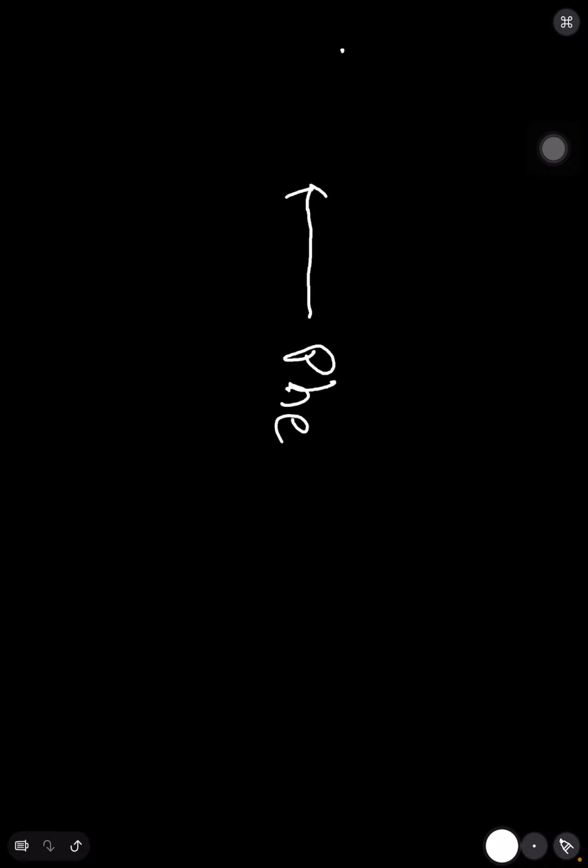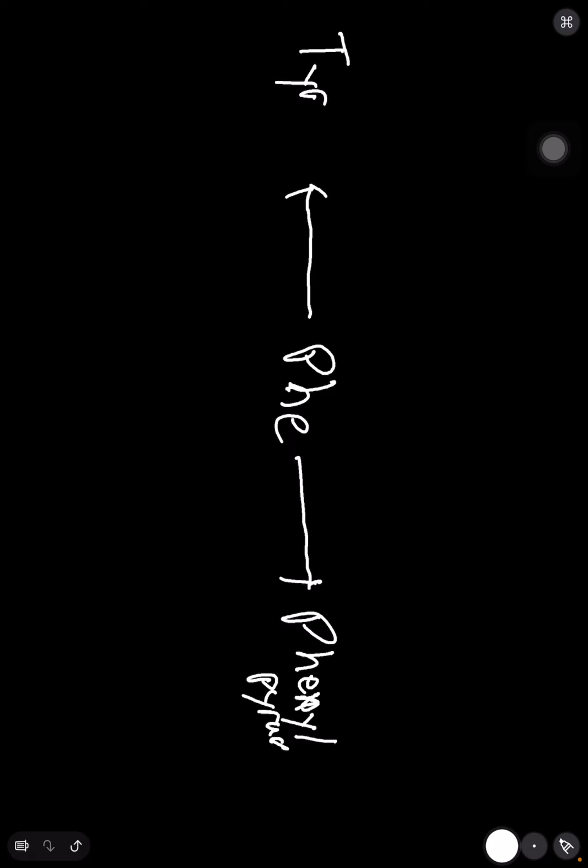Some of it can be converted into tyrosine, which then can enter various other metabolic pathways, or it can be converted to something called phenylpyruvate.